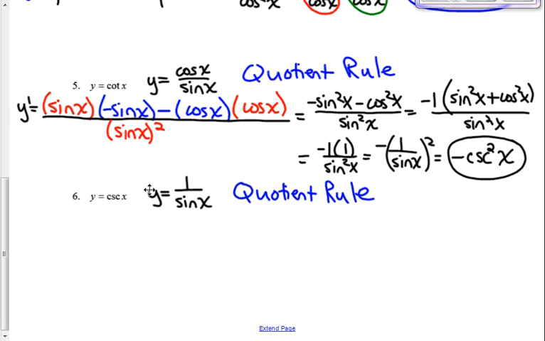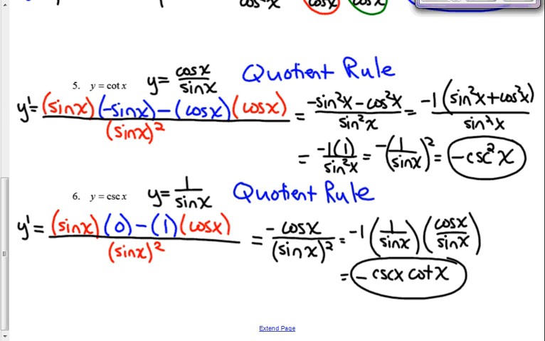Pause the video now. So for my derivative of cosecant x, I got negative cosecant x cotangent x. And again, if you didn't get that, press pause now and figure out what went wrong.